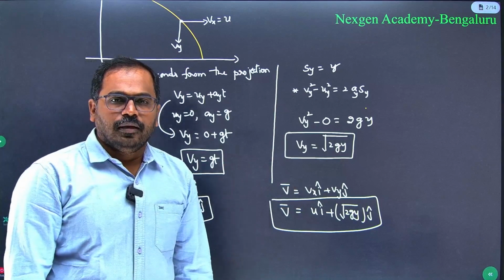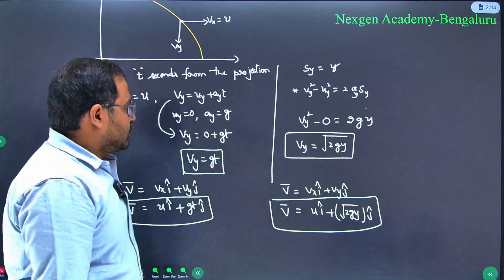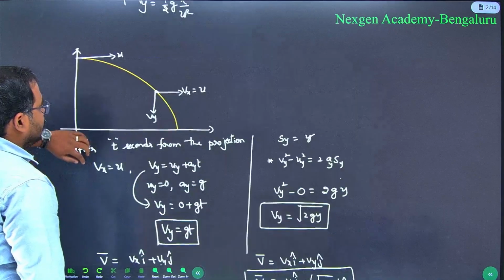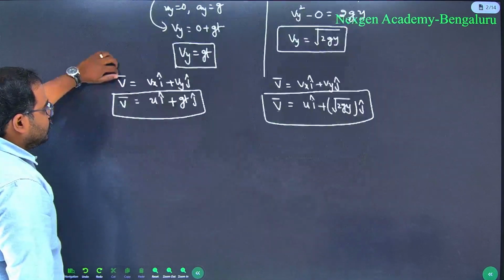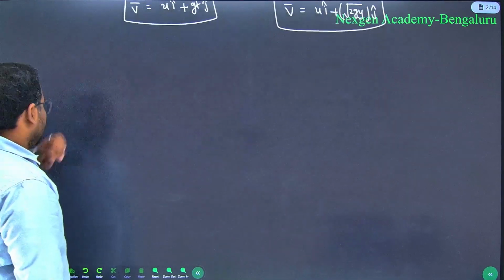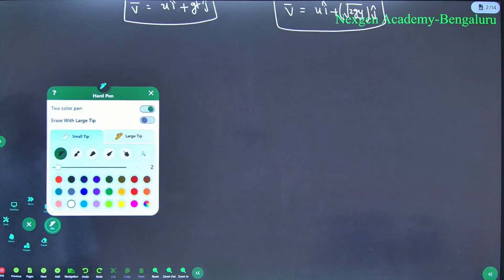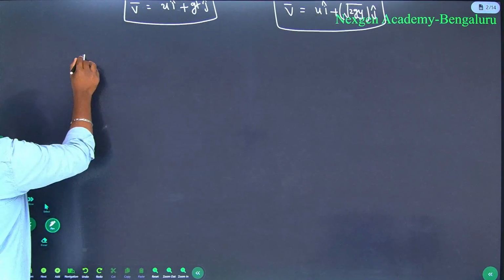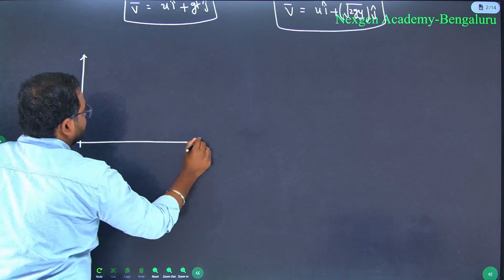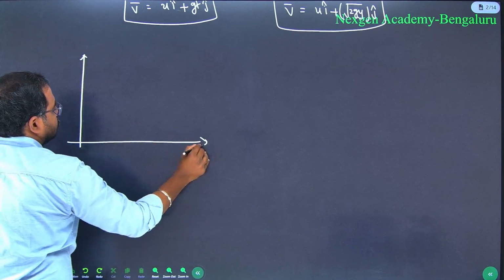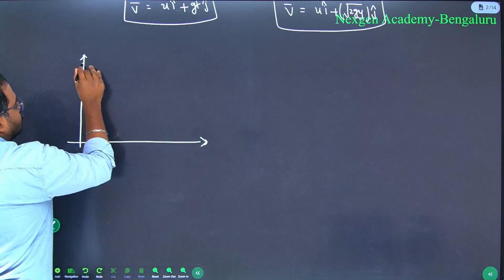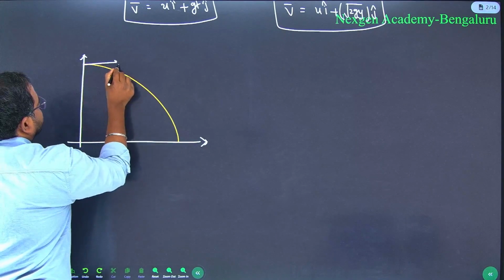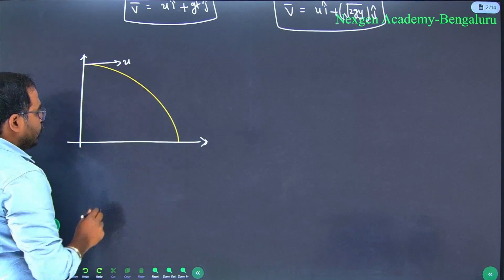Okay, clear? Right. Next. So here, what is the horizontal distance traveled by the projectile and also the time taken? These two parameters we have to discuss. For a projectile, these two parameters are important. So look at this. Imagine this is the horizontal projectile projected with some initial velocity u.